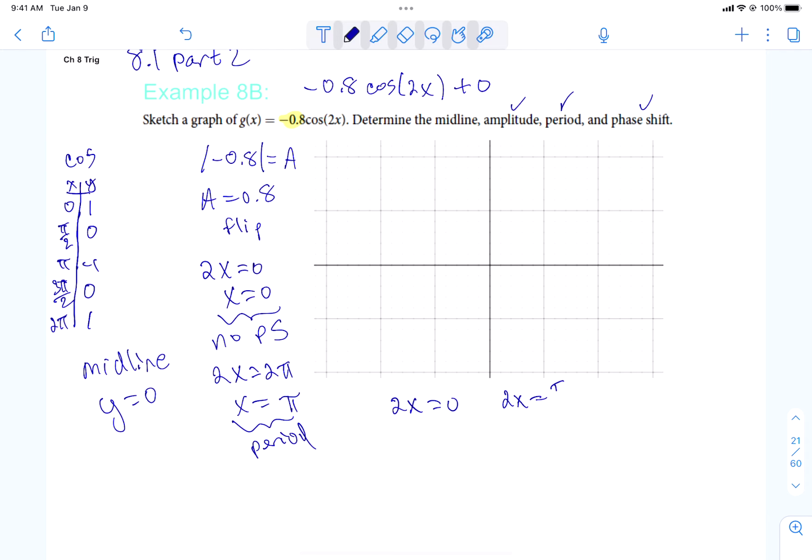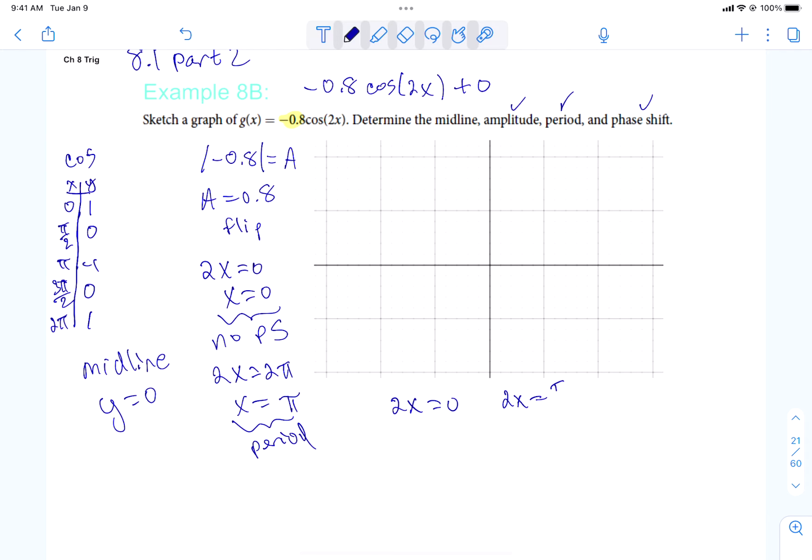Well, you notice for each of those, you were dividing by 2. So this is 0, pi over 4, pi over 2, 3 pi over 4, and pi. Now, if you notice they're counting by pi over 4s, good for you. But if you have to do all 5, do all 5. So our new x's are 0, pi over 4, pi over 2, 3 pi over 4, pi.